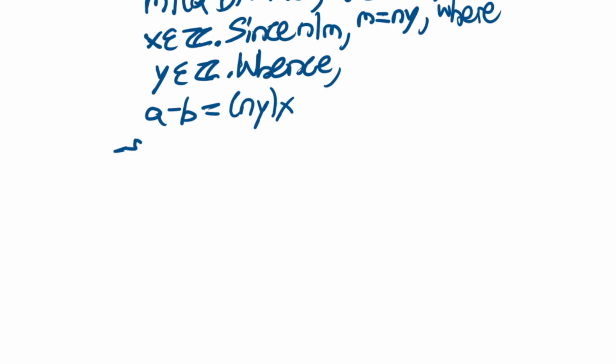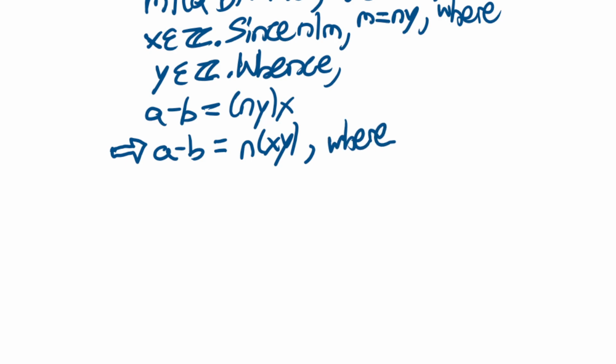Then we can just try to make this arrow look a little better. A minus b equals nxy. So where x, y are integers, because it's always beneficial when you have a new arrangement of variables like x times y, it's useful to define those too.